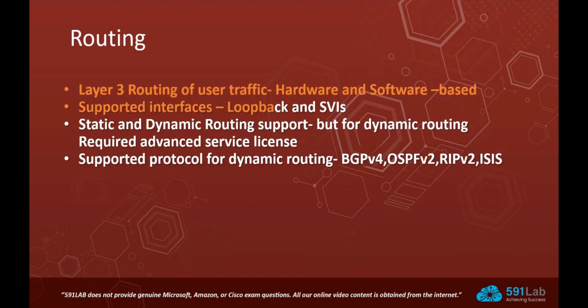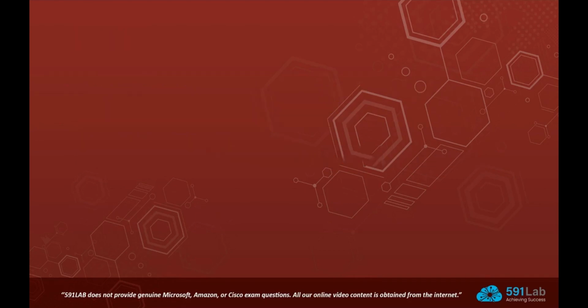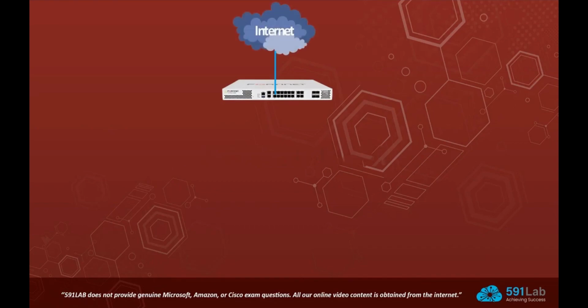For static and dynamic routing, two types of layer 3 interfaces are involved. First one, loopback interfaces, and second one, switch virtual interfaces, which we also call VLAN interfaces. A loopback interface is a logical interface that is not associated with any physical interface. It is commonly used as a reliable IP interface for dynamic protocol negotiation and updates.